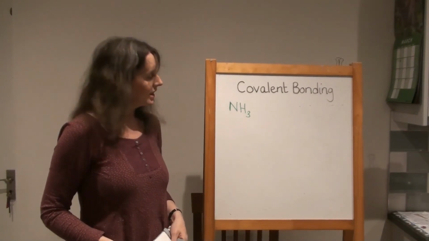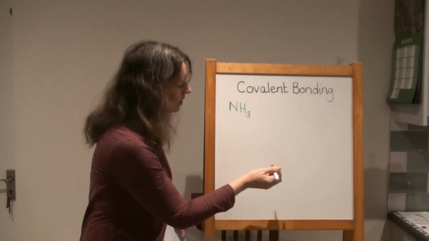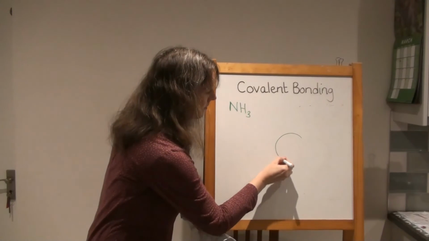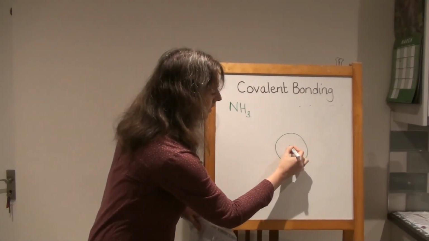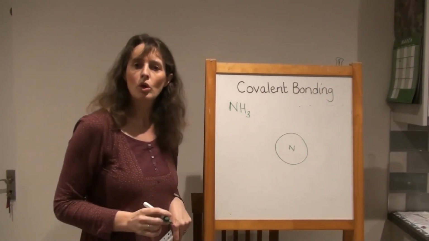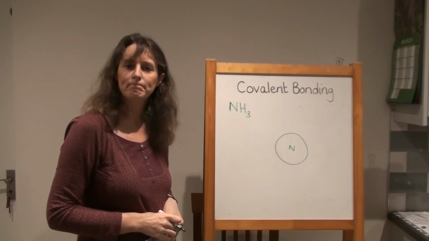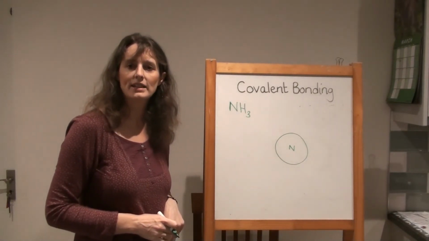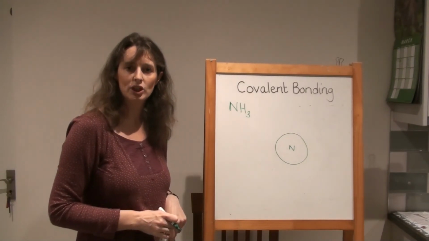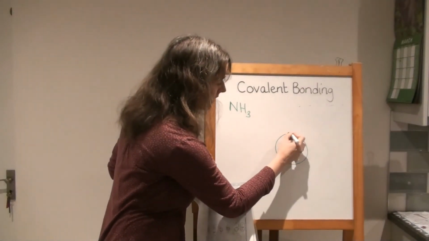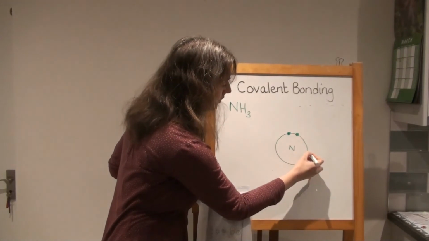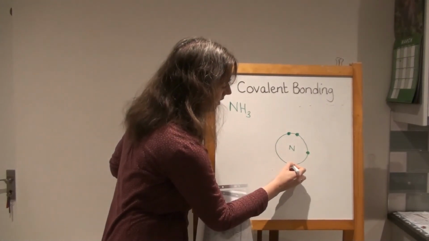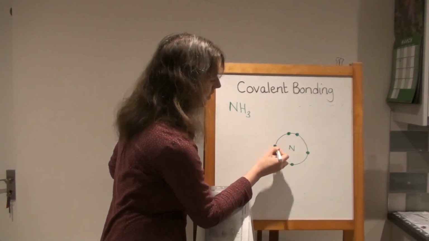So let's consider our main atom, which is our nitrogen. What group is nitrogen in? That's right, it's in group 5, and that means that it has 5 electrons in the outer shell. 1, 2, 3, 4, 5.